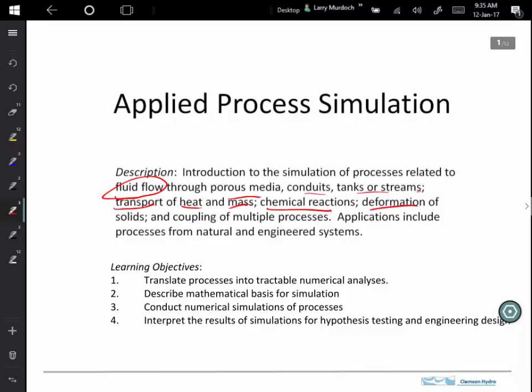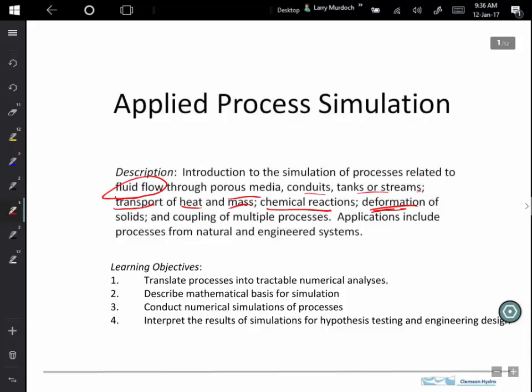So I really think of it as a class where it's really reactive transport with deformation thrown in there. Usually deformation isn't included as something in reactive transport, although perhaps more so these days. But anyway, that's what we're going to do for the class.